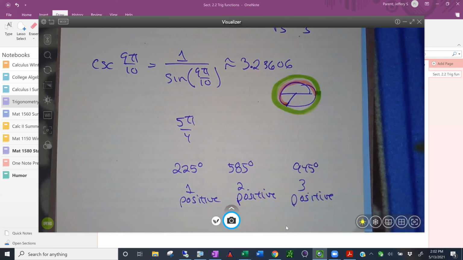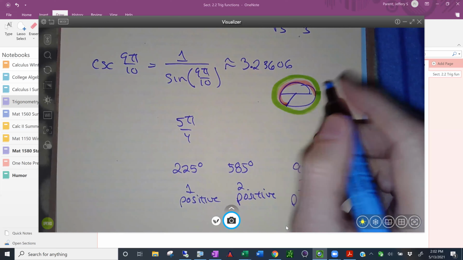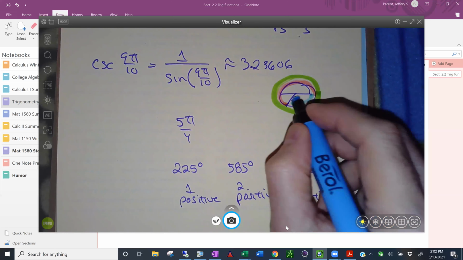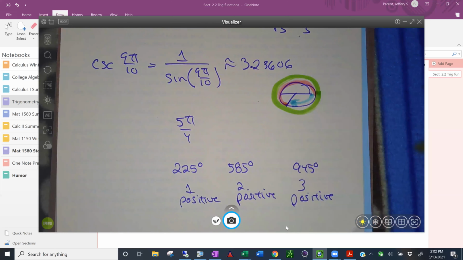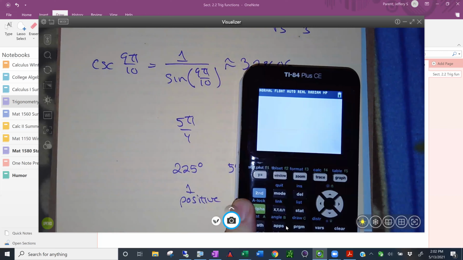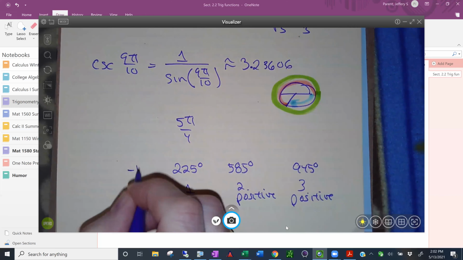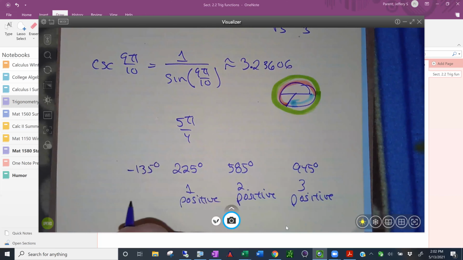What I want to do is start out and go this way. So if I subtract 360 from that, 225 minus 360 should give me negative 135. So that's one negative.